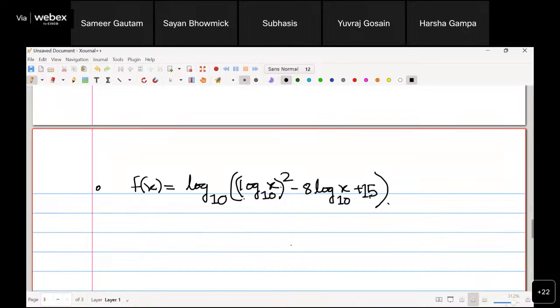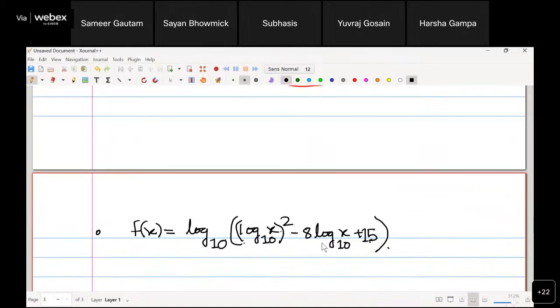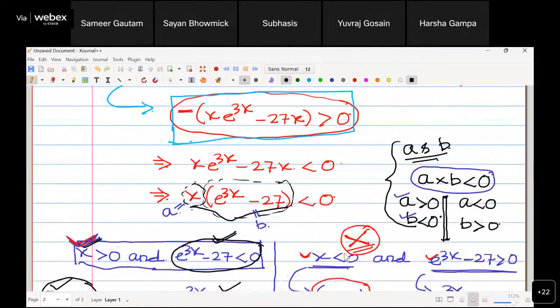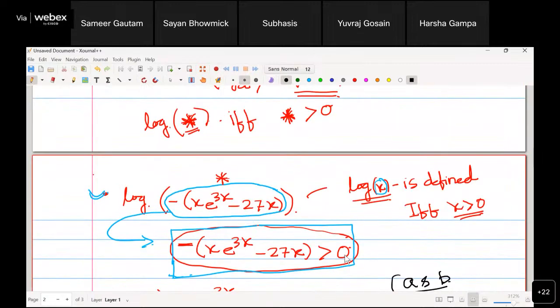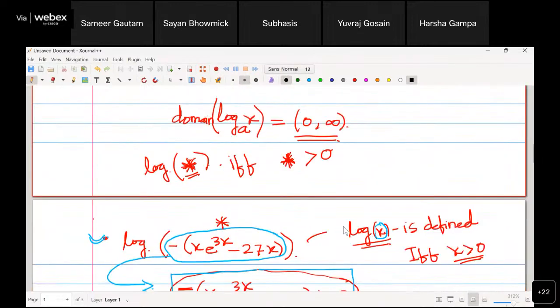Okay. So again, the same process. So here, as I said, whatever it is, log of this star is defined if and only if this star is positive, right?